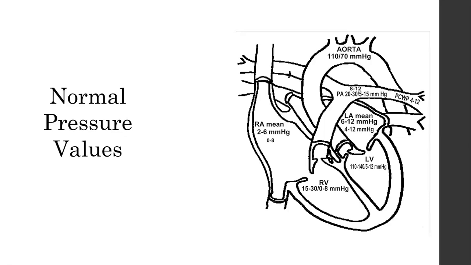So your textbook says your right atrium is 2 to 5 millimeters of mercury. Your right ventricle is 20 to 30 millimeters of mercury. Your pulmonary artery is 20 to 30 millimeters of mercury, and then your pulmonary artery wedge pressure is 5 to 12 millimeters of mercury.